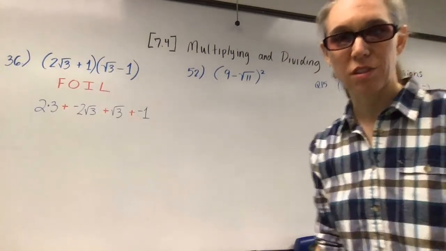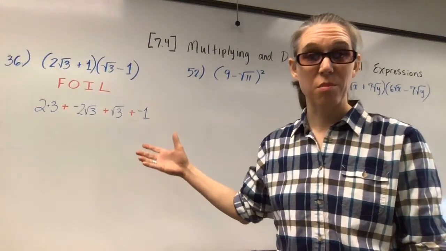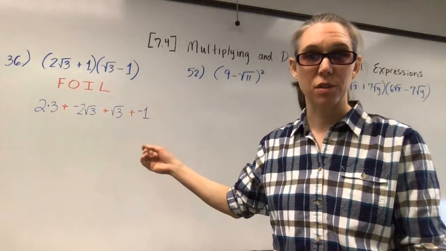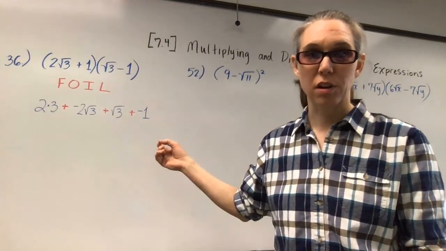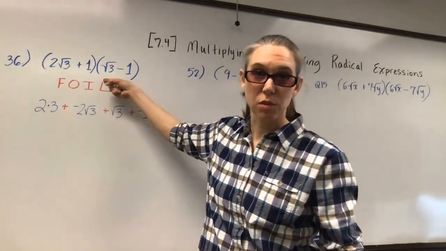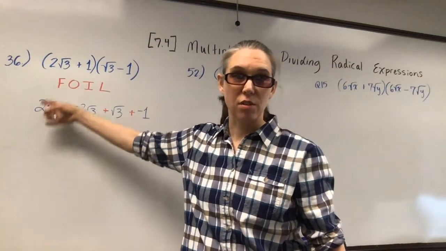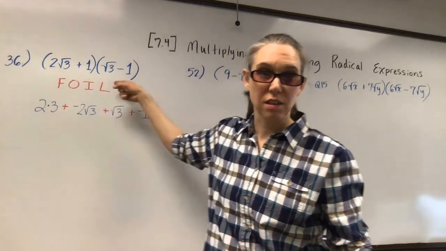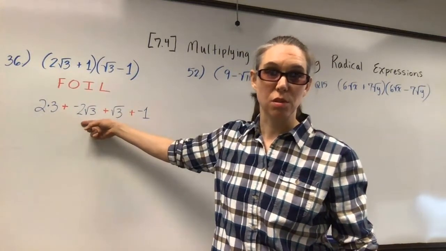So first, for number 36, this is a FOIL problem. So what that means is that we need to do first, outer, inner, and last. The first product would be 2 root 3 times root 3, and that gives us just 2 times 3. Outer is 2 root 3 times negative 1, which gives us this negative 2 root 3.